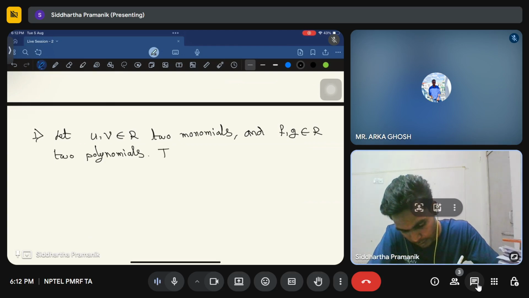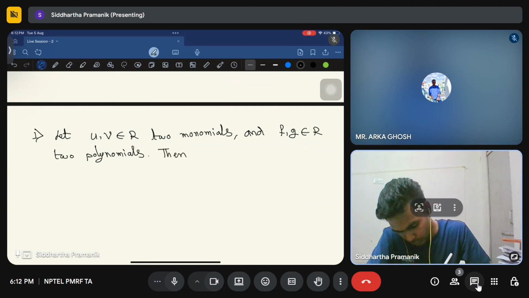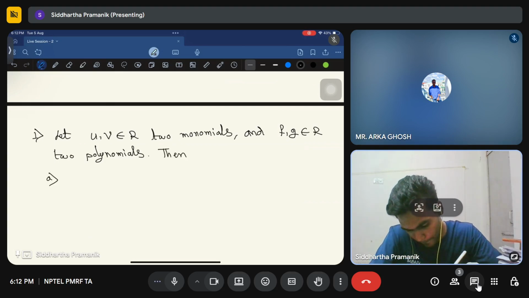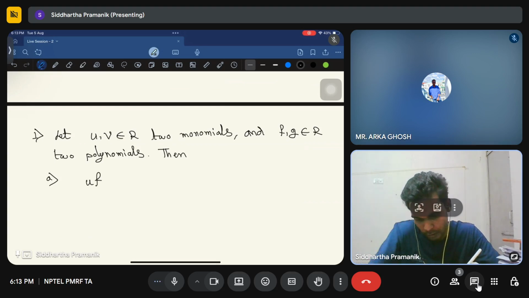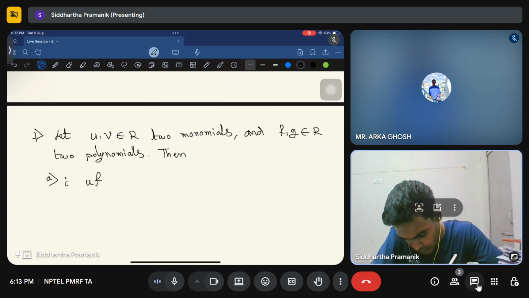Then we can take the monomial u and multiply it with f, and this is also a polynomial. Now what about the initial term of this product?